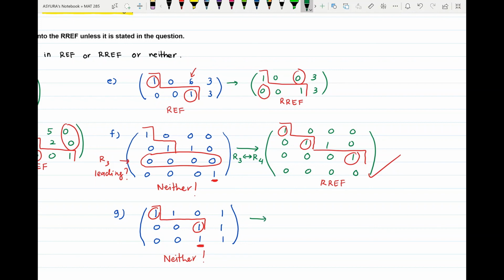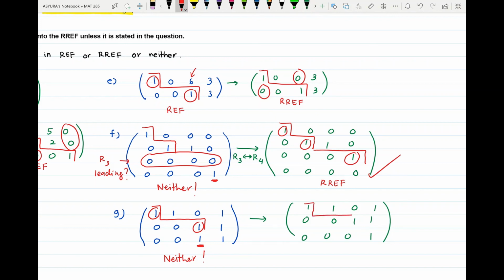When you reduce, it will be 0 0 0 1, so 1 1 0 1. Let's check.